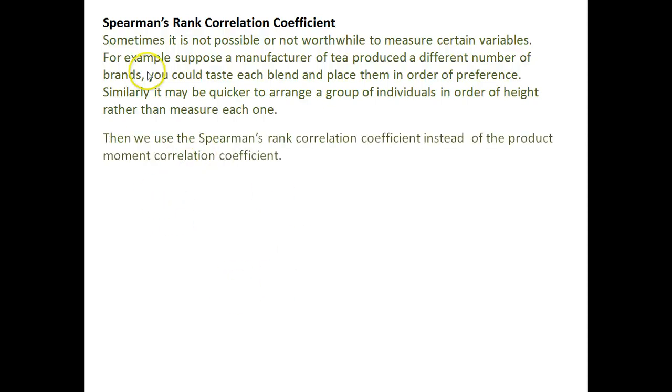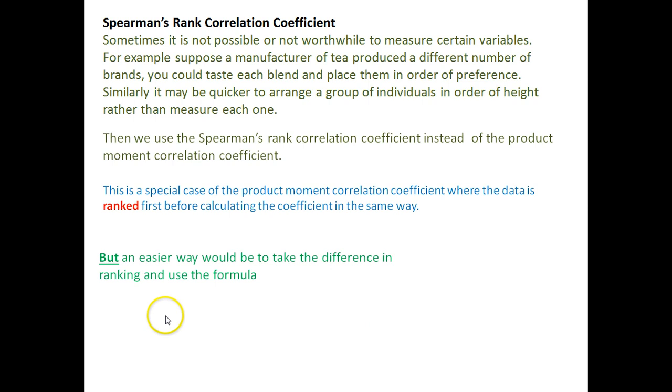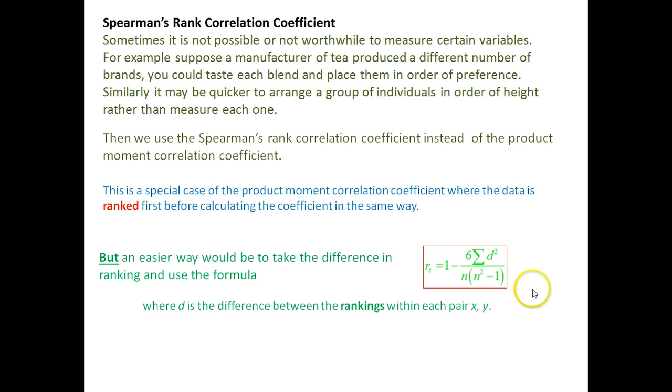In this case, we use Spearman's rank correlation coefficient instead of the product moment correlation coefficient. So we are ranking them. This is a special case of the product moment correlation coefficient where the data is ranked first before calculating the coefficient in the same way. But an easier way would be to take the difference in ranking and use the formula.